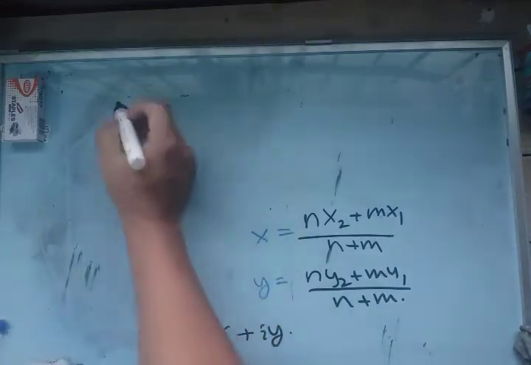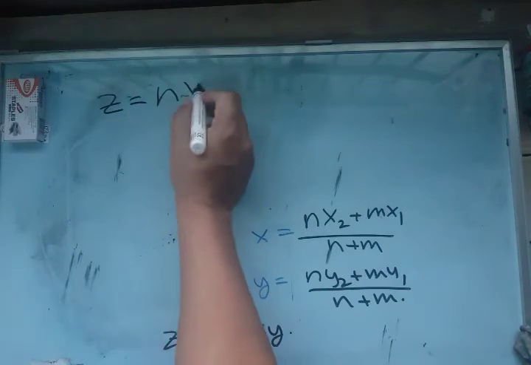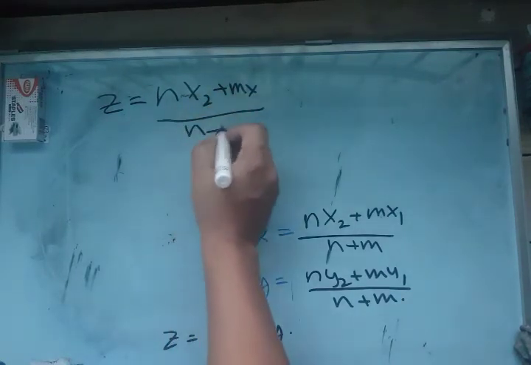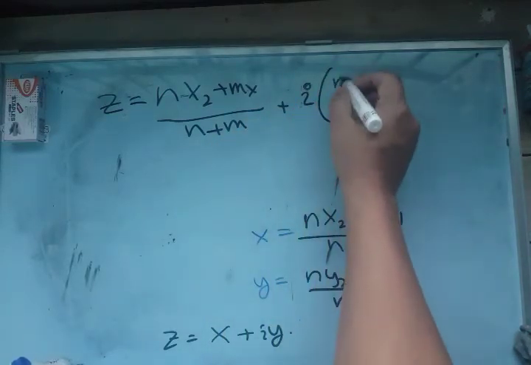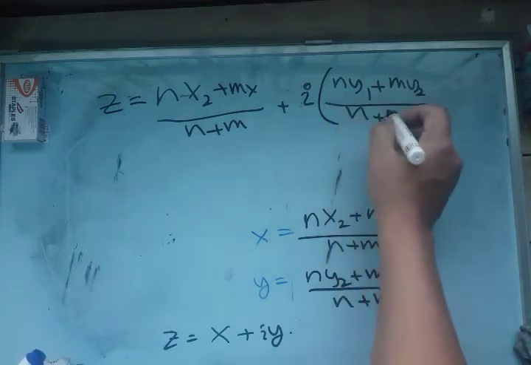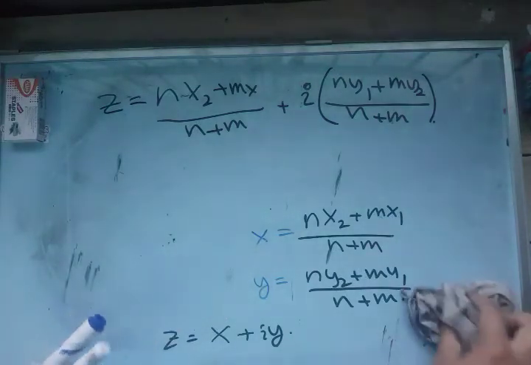So C is x is n x2 plus m x1 divided by n plus m, plus i times n y2 plus m y1 divided by n plus m.